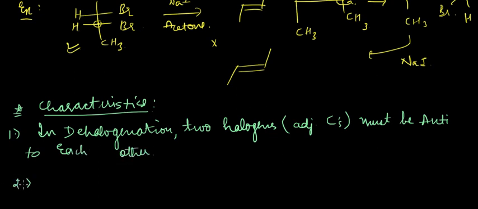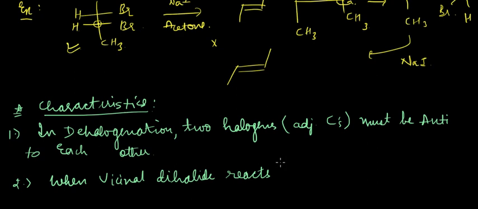Okay. Second point is, when vicinal dihalide reacts with NaI acetone, E2 reaction takes place. Okay.